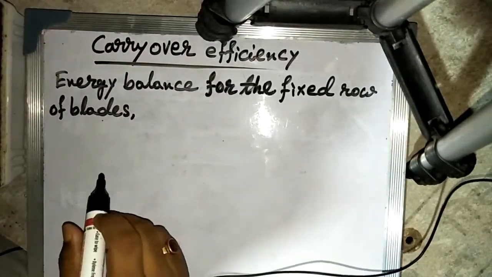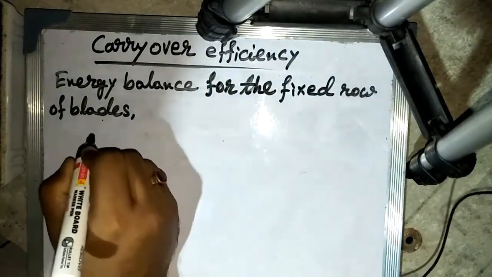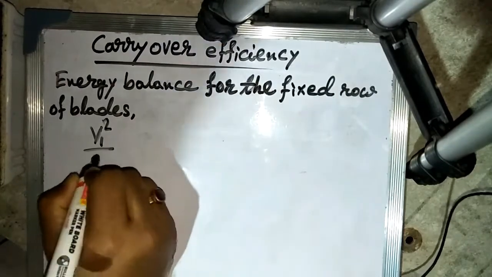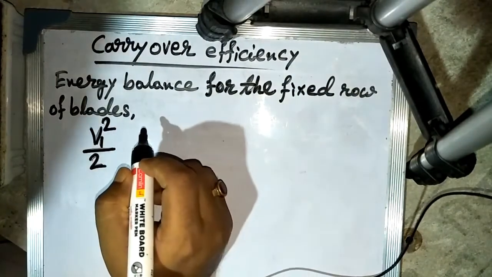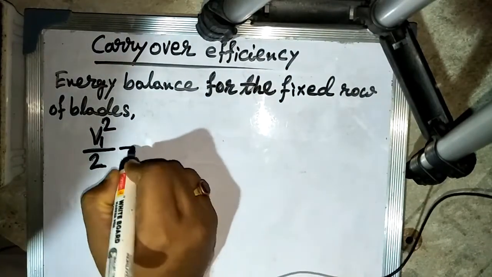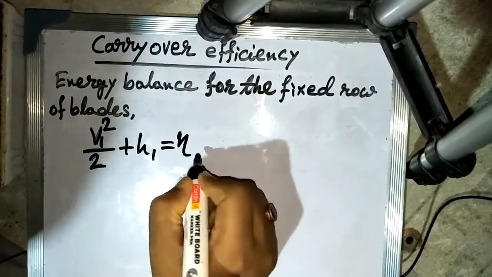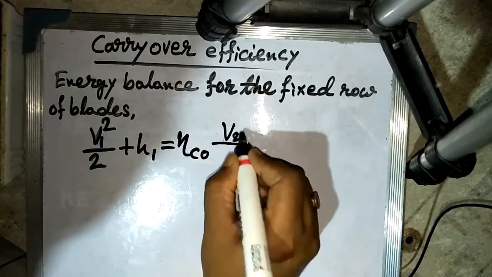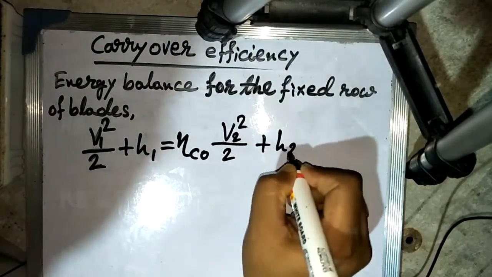So the energy balance for the fixed row of blades, we can write that V1 square by 2 plus H1 equals carryover efficiency into V2 square by 2 plus H2.